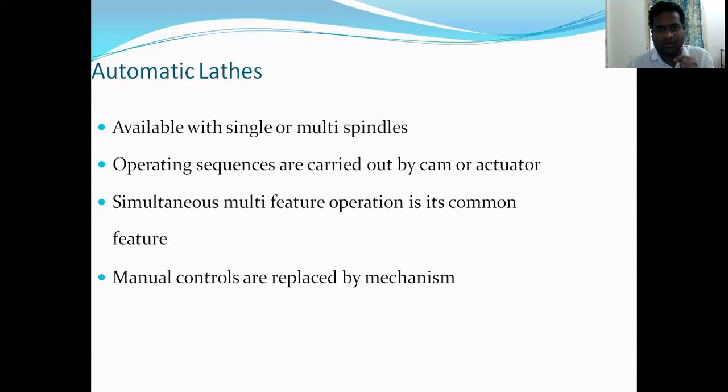Actuators take the instructions from those sequences. Based on those sequences, actuators are operated, and when the actuators are operated, some mechanism happens. With that mechanism, the machine will operate. There is no manpower needed for doing the operation.